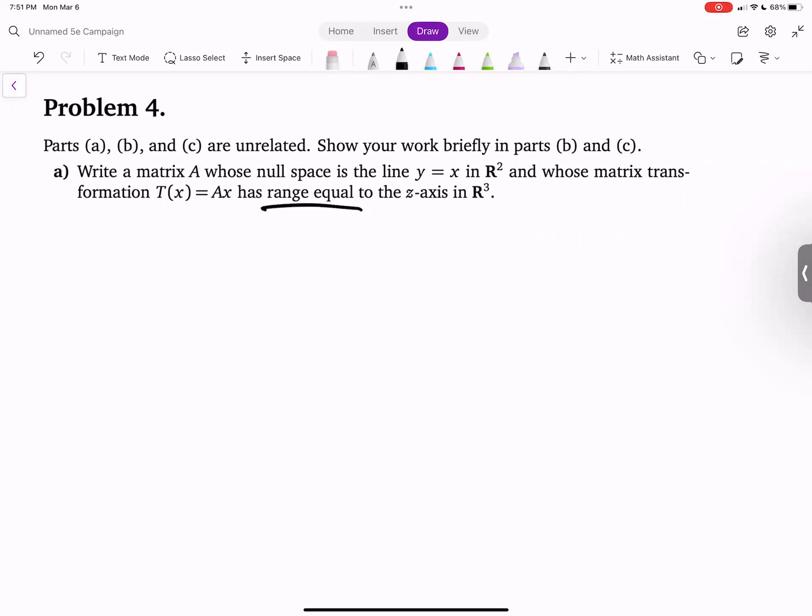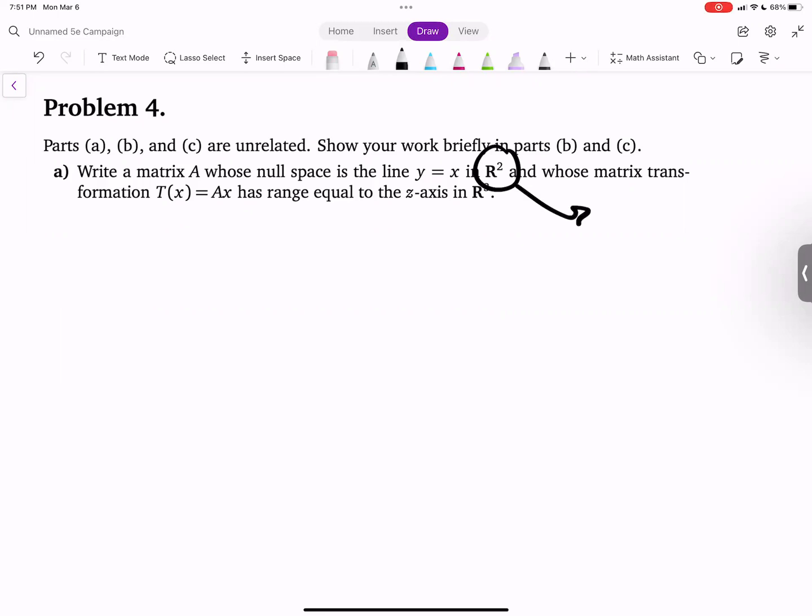So it has a range, and we have x, y. Which space does my null space live in? For the null space, it lives in R to the number of columns.